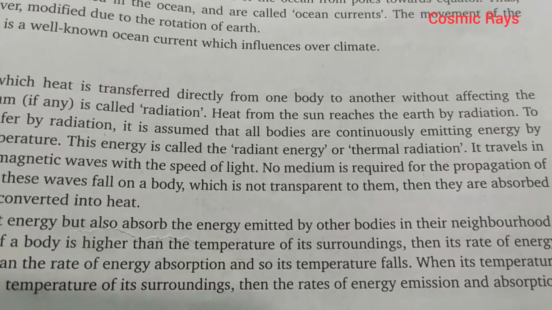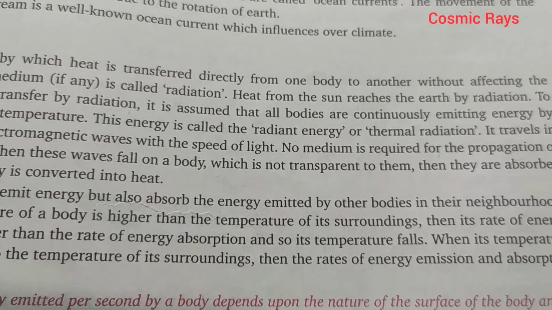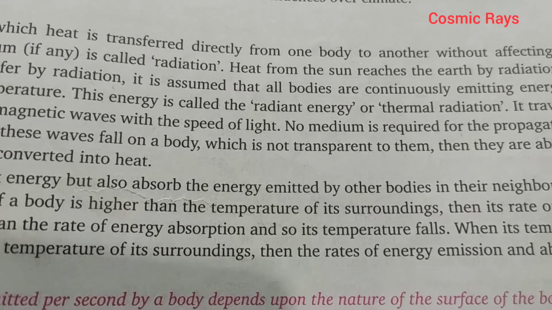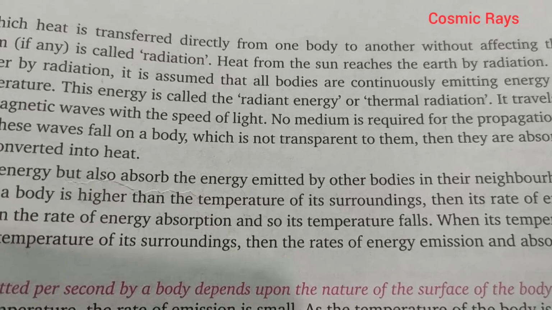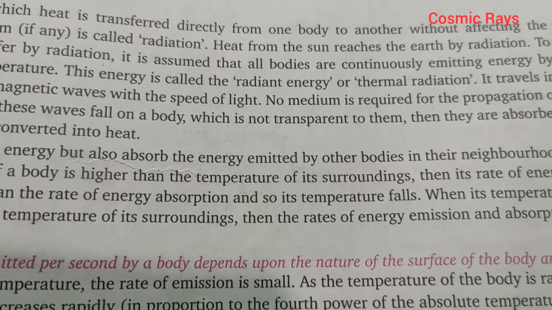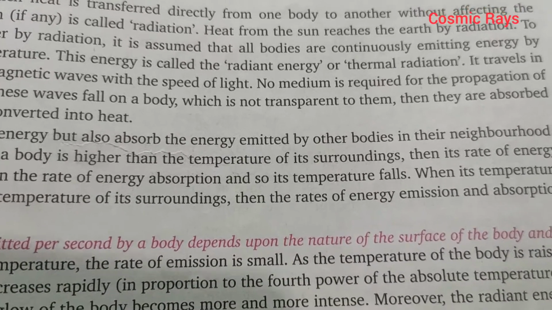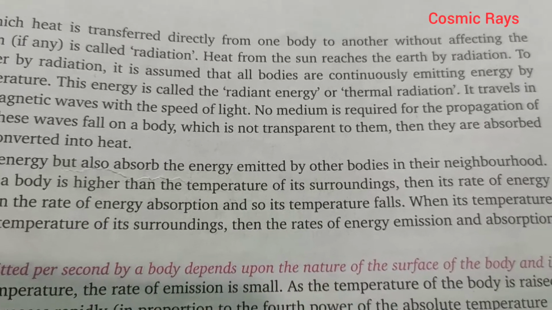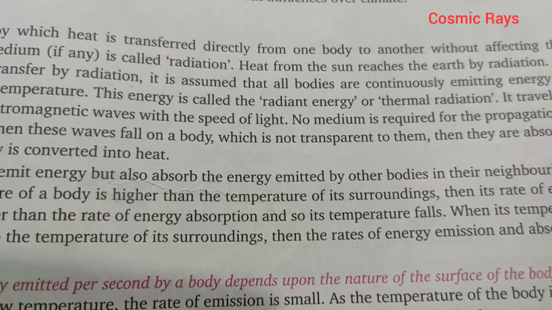Whether it will emit or absorb energy will depend upon the temperature of the body. If the temperature of the body is higher than the surrounding temperature, then the body will emit radiation or energy. But if the body's temperature is lower than its surrounding, then it will absorb energy from the surrounding. And the radiant energy will depend upon two things: firstly, the nature of the surface of the body and, secondly, its temperature.